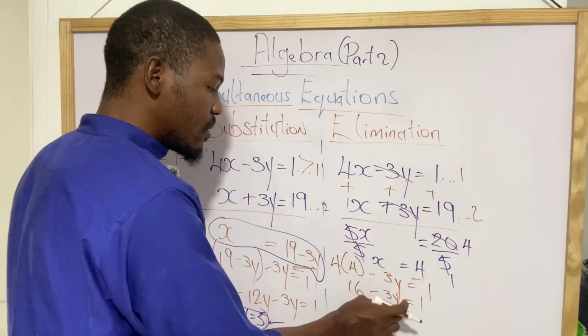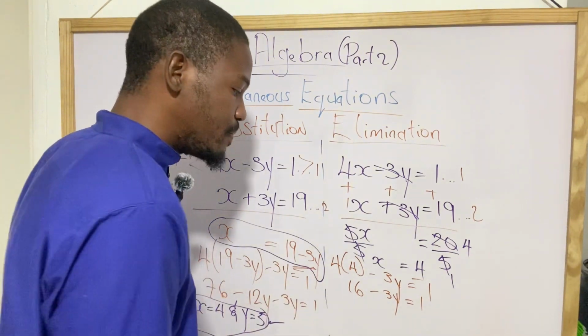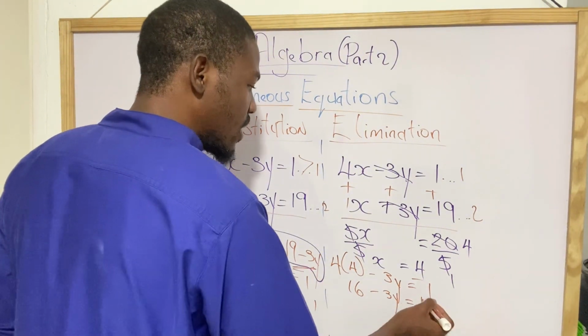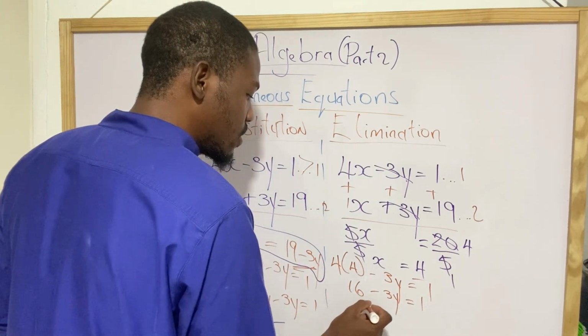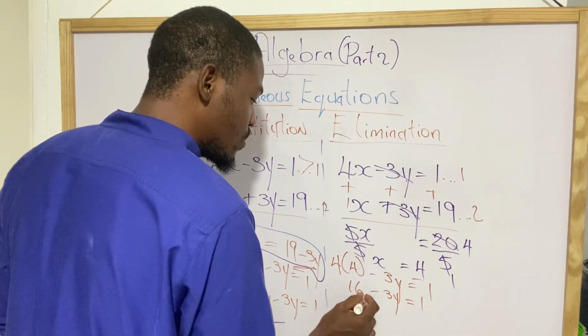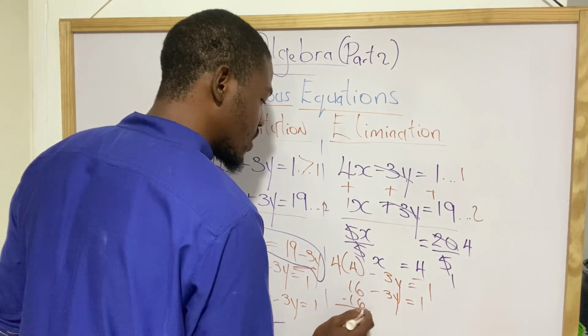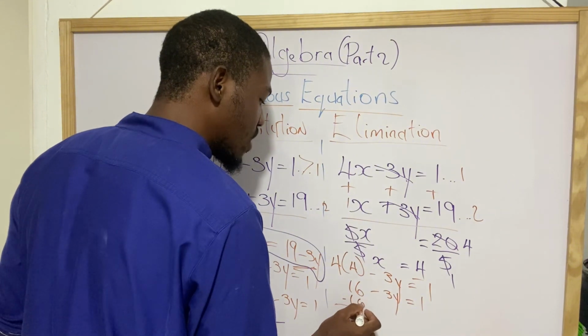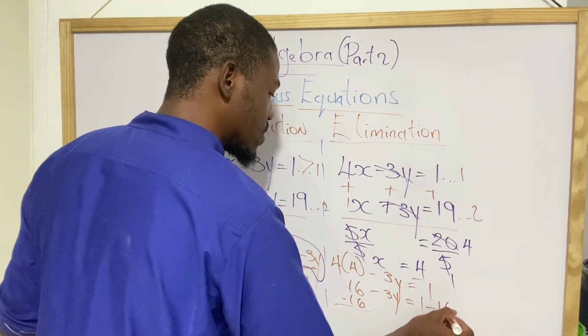Now, we need to get rid of the 16 because we need to leave the negative 3y on one side. In getting rid of this 16, we are going to be removing it. Because it's a positive 16, to remove it we have to subtract it, right? If I subtract it here, I also have to subtract it there.